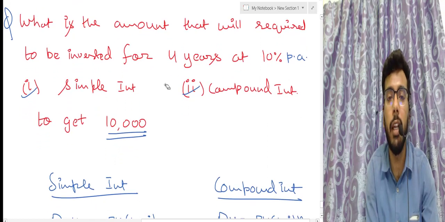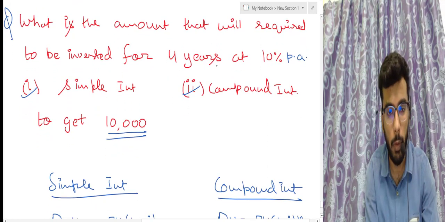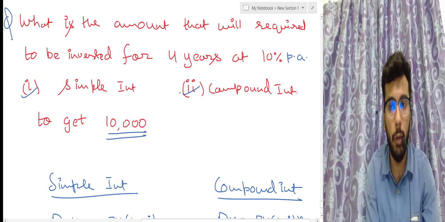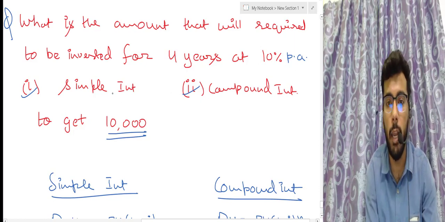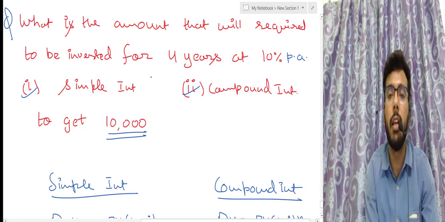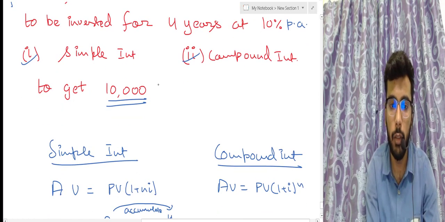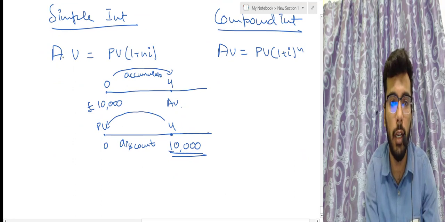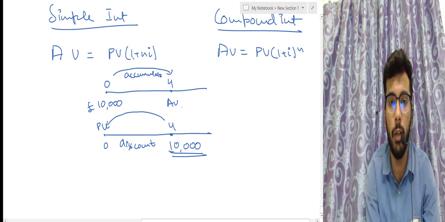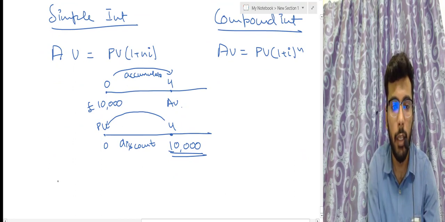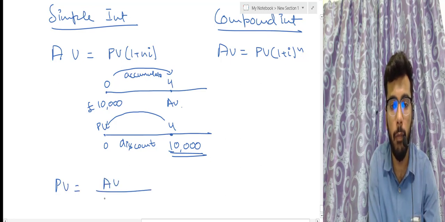So you want 10,000 at time 4. What is the amount that you will invest right now in order to get 10,000 pounds under simple interest and under compound interest? We already know that under simple interest, accumulated value is equal to present value into 1 plus ni.